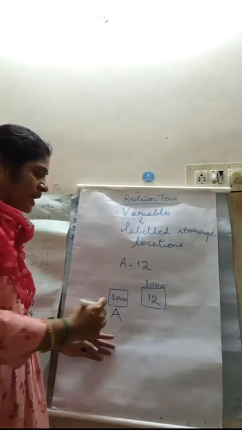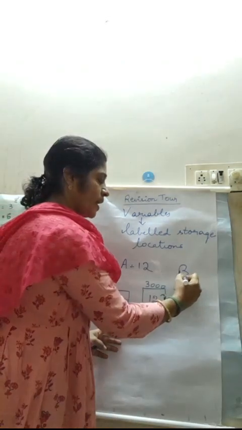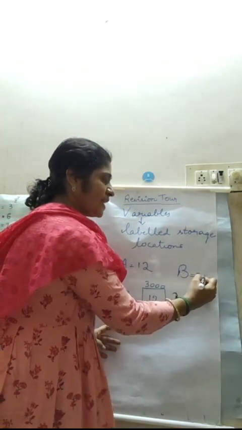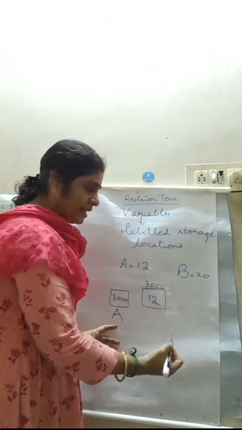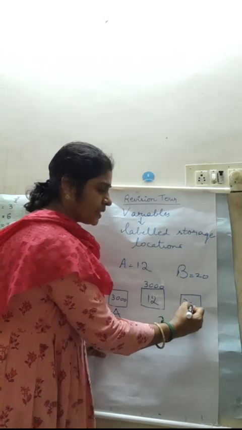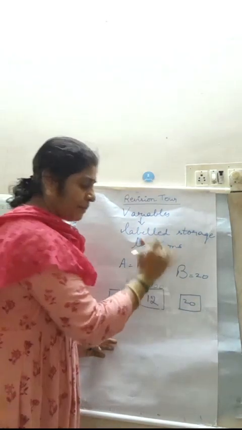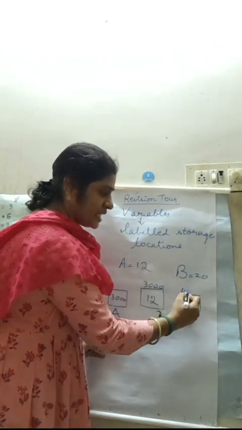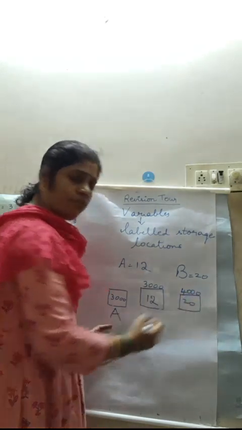So suppose I write B is equal to 20, what will happen? Again a memory will be allocated and 20 will be stored in it. Suppose the address of this location is 4000.